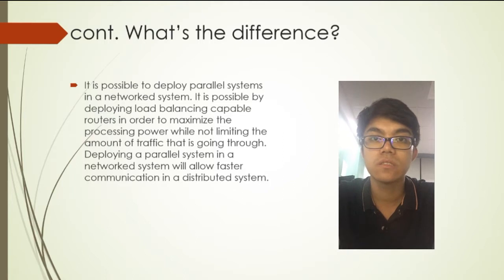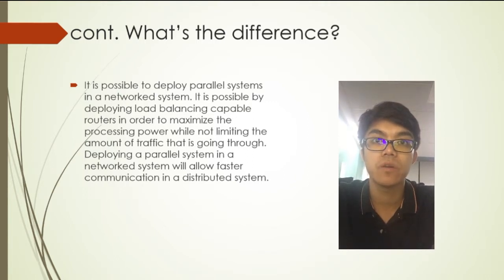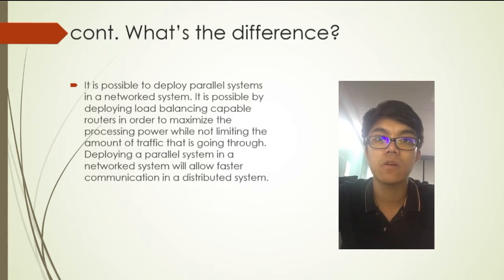Next, I'm going to tackle the advantages of a parallel system if it's deployed on a network or distributed system. It is possible to deploy parallel systems in a network system. It is possible by deploying load balancing capable routers in order to maximize the processing power while not limiting the amount of traffic that is going through.